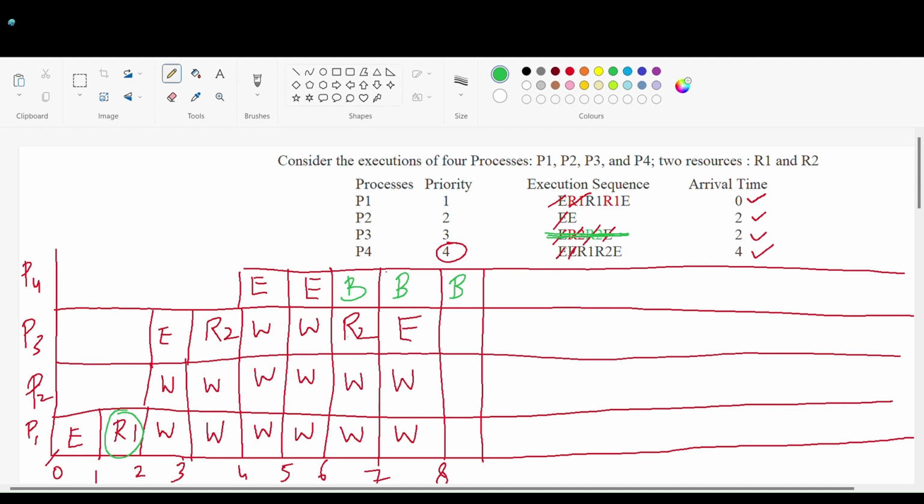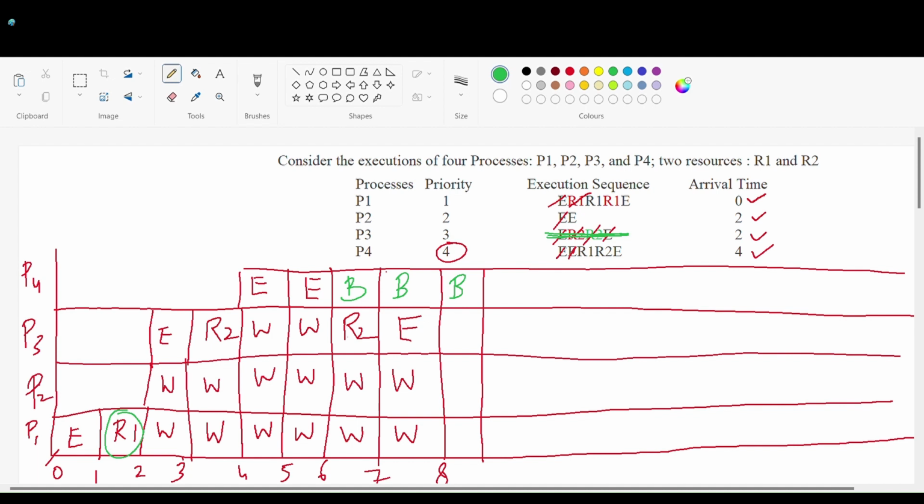For example, there is a road. The road is a resource, okay? And one car comes from this side and another car comes from the other side, and it is just one single road. So both processes cannot use the resource. If one car is going and another car wants to go at the same time, that car cannot go.